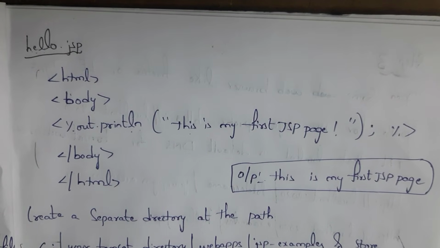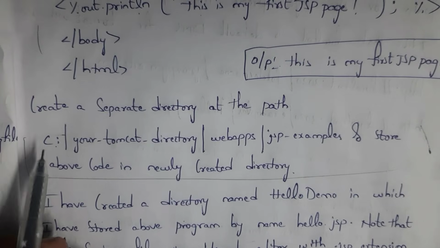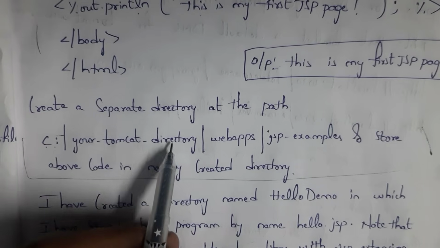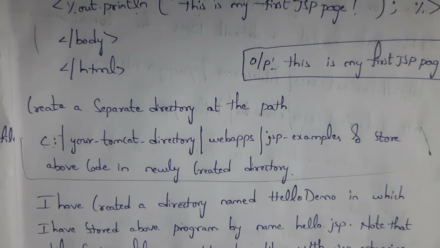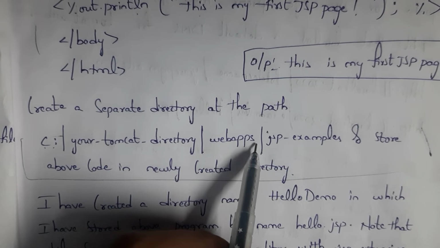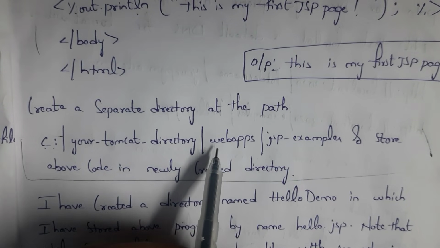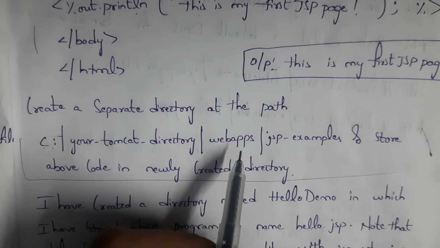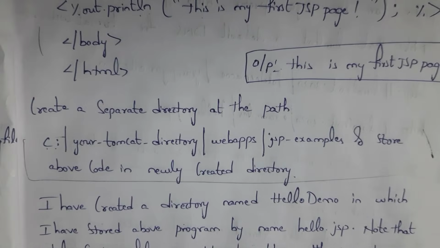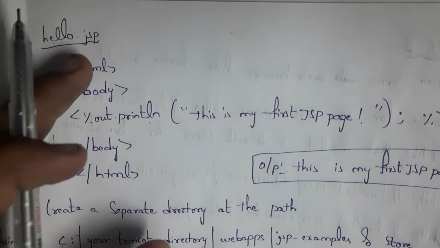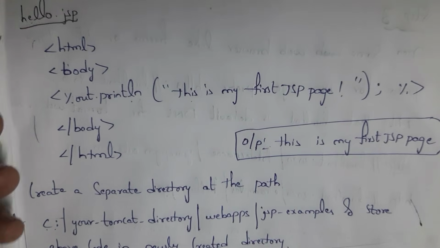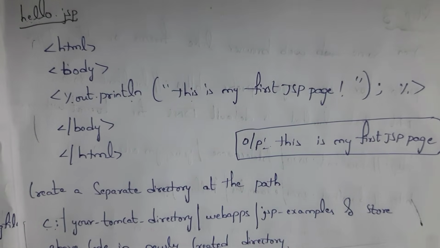After saving the hello.jsp file, go to local disk C, and inside you will see the Tomcat directory folder. Inside it you will see a folder called webapps. Open webapps, then open the jsp-examples folder, and paste the hello.jsp file inside it.